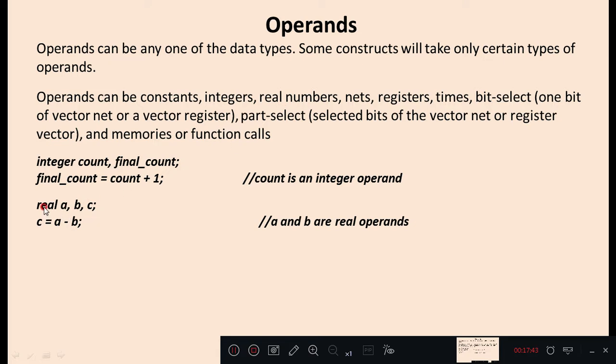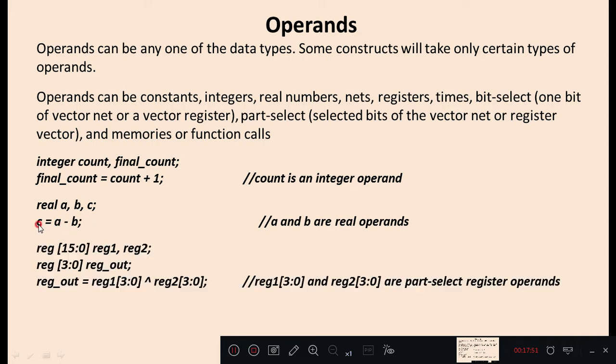Next, you define real A, B, C. A and B are real operands. A minus B you are performing and assigning it to C. Then reg [15:0] register1, register2, and reg [3:0] register_out. Register_out size is 4-bit, register1 and register2 size is 16-bit.